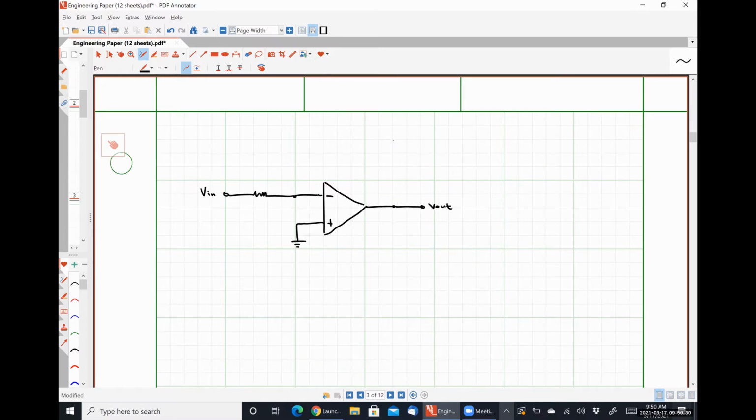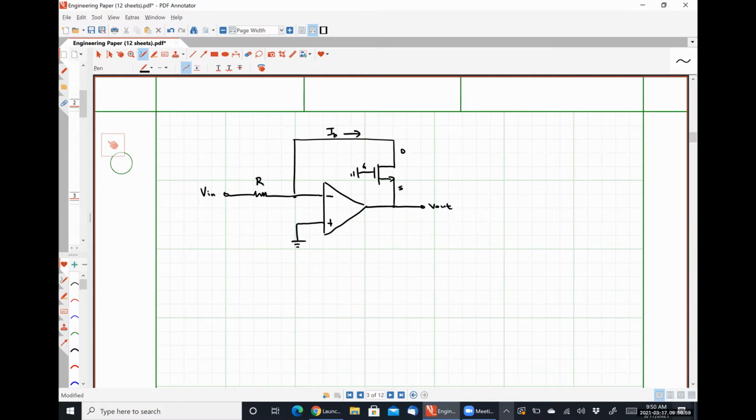All right, so let's start with an NMOS transistor. Like so. Here is our drain, here is our gate, here is our source, and this is our drain current ID in this direction.